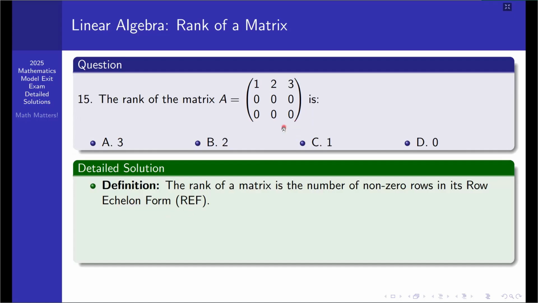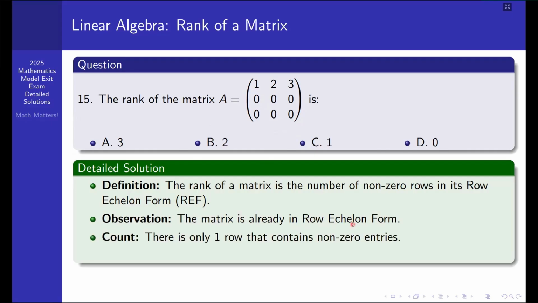But since the first row has the leading 1 and the others are 0, the given matrix is originally in row echelon form. Therefore, the matrix is already in row echelon form and it has only one non-zero row. Therefore, the rank of the given matrix is 1.